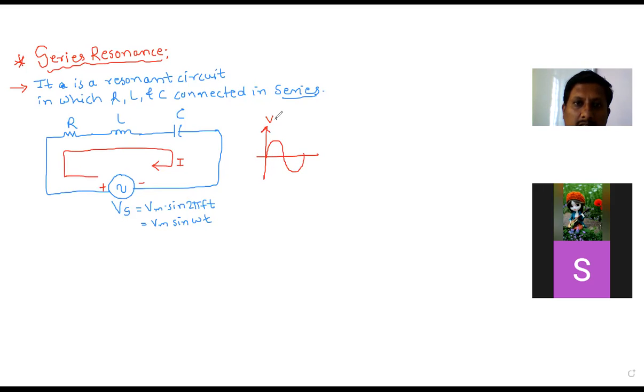This is Vs. This is the maximum amplitude Vm, and this is minus Vm. Here the phase is 0, that's why theta is 0 here. This is the time period T, the time taken for one cycle. If you take 1 upon T, it will give the frequency.